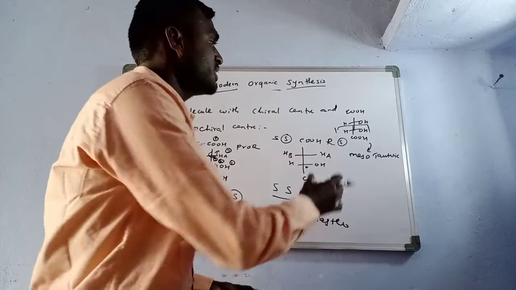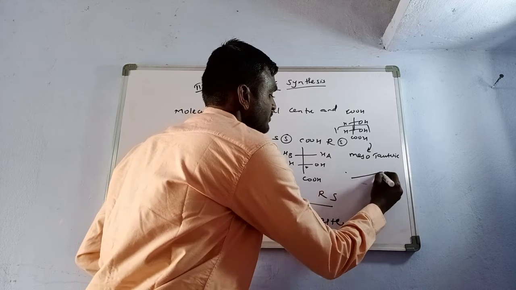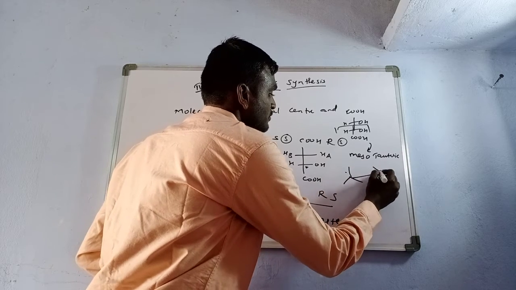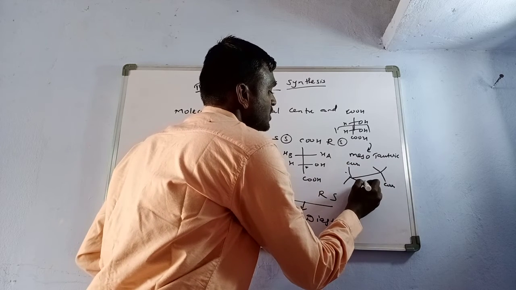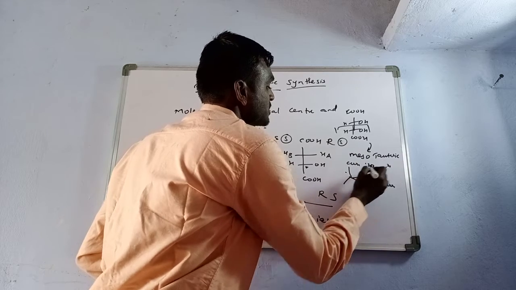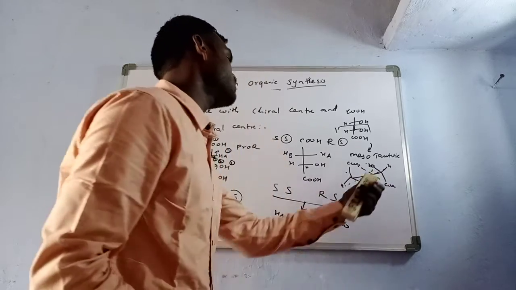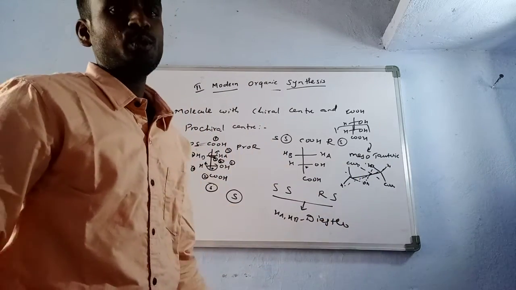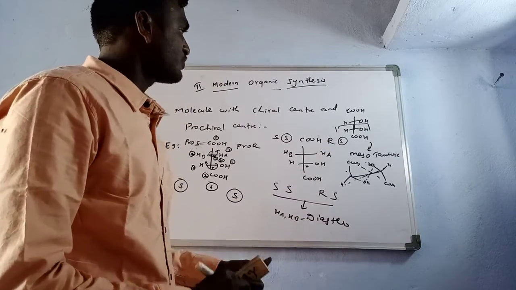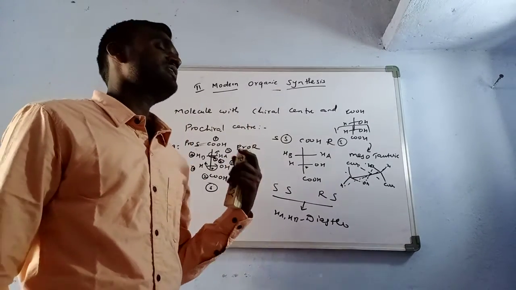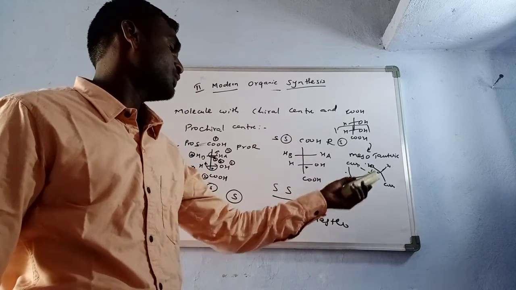If meso-tartaric acid is written in Fischer form, it will be COOH and COOH, and this is OH and H. It means these groups all meet at one point. So in meso-tartaric acid a pro point is present, so it will be an active compound. Therefore in allenes and biphenyls a pro axis is present, and in meso-tartaric acid a pro point is present.